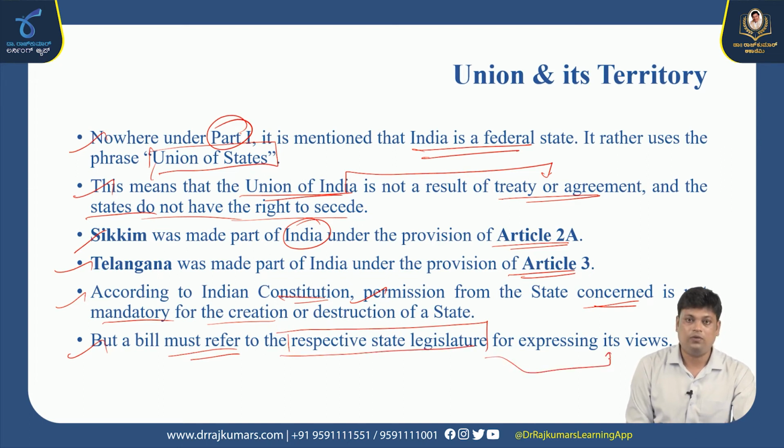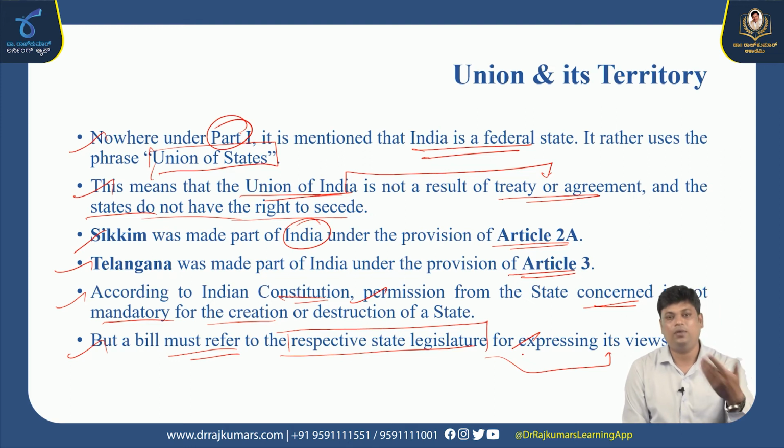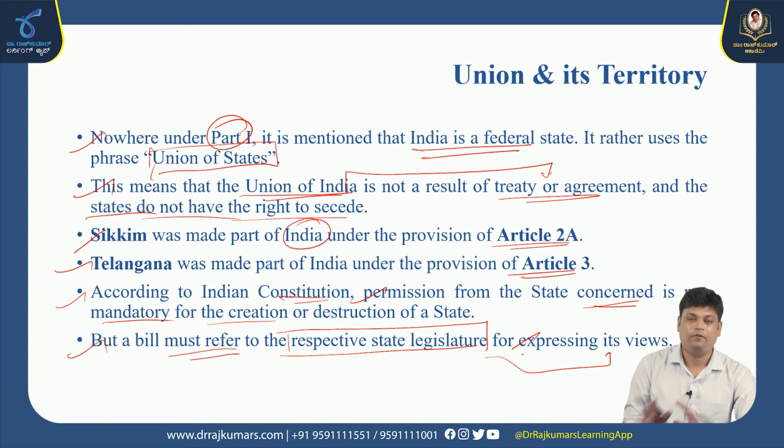Without the permission, there is no concern of the state, but if Karnataka were to be bifurcated into South and North, the central government is supposed to submit that bill to get the state's views. How they can view it and express it, whether it is okay or not, all those debates can be considered. For that purpose, the center submits the bill to the respective state legislature which they are going to bifurcate, or else to create a new state.